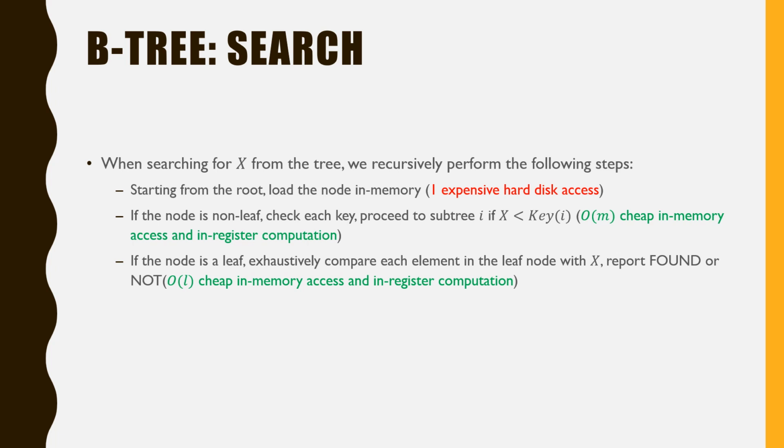This step involves comparing X with each data element in the leaf node, resulting in a time complexity of O(L). In summary, at each phase of the search operation, exactly one disk access is required to load the current node into main memory. Then, depending on whether the node is a leaf, O(m) or O(L) time is required to compare X with the keys or the data elements in the current node.